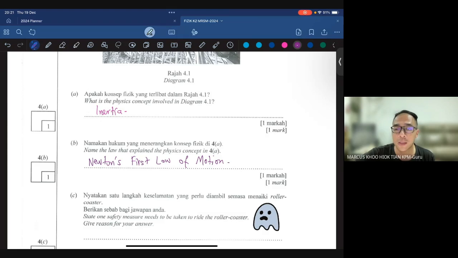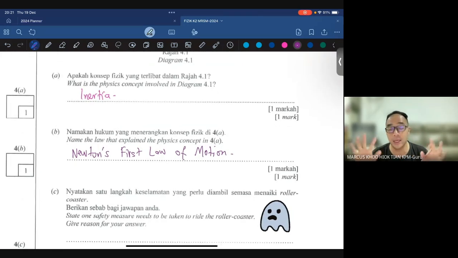Sometimes when we answer, we take certain things for granted. I need to mention this in case there's suddenly a very funny rule. If it is a law or principle, all these things have a big name.